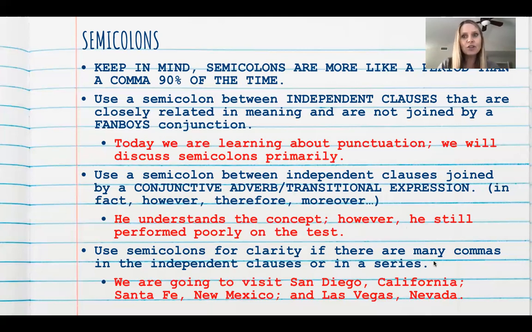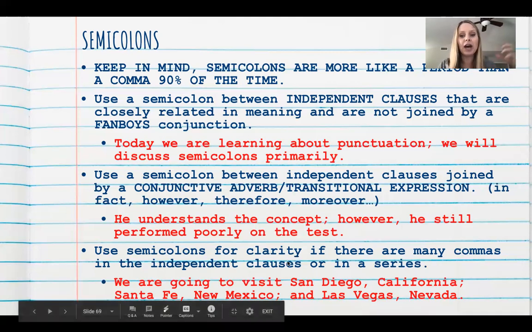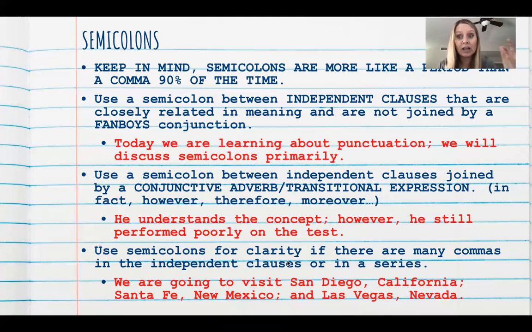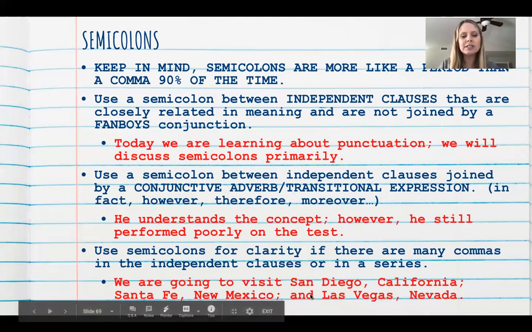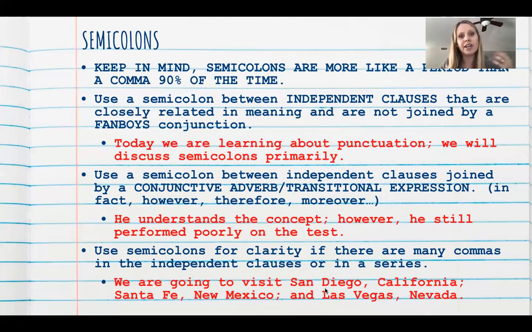Then the last use of the semicolon that is more like a comma than a period is if I have a list of items and I need to insert semicolons rather than commas for clarity's sake. A great example is a list of several city-state combinations. In my sentence, I have San Diego, California, Santa Fe, New Mexico, and Las Vegas, Nevada.